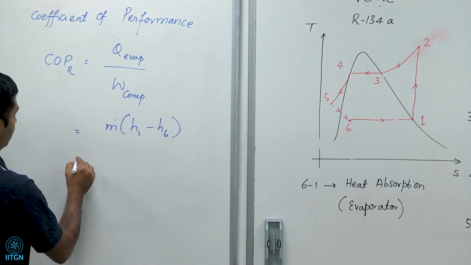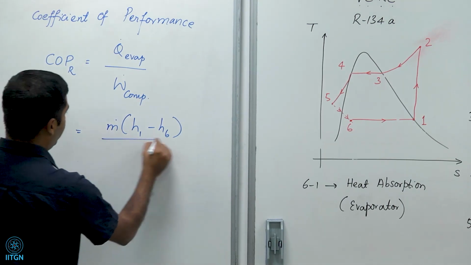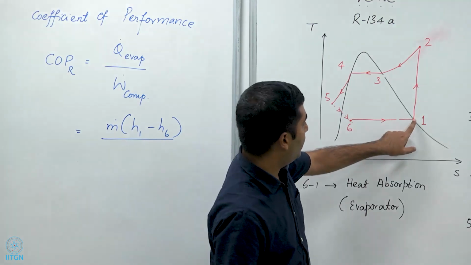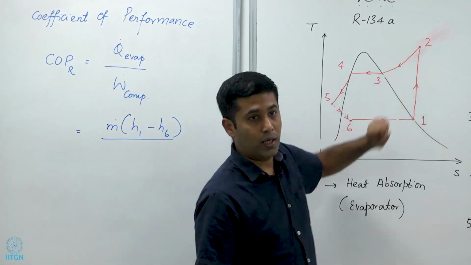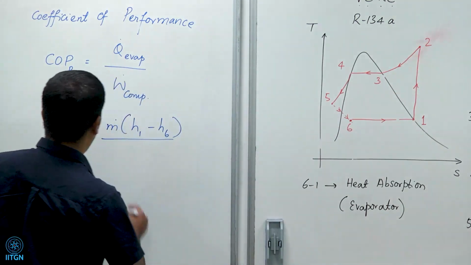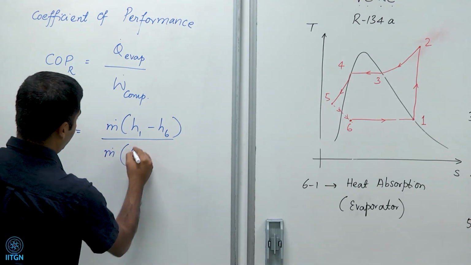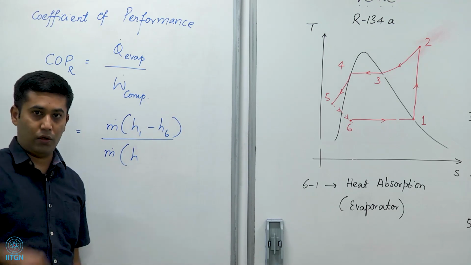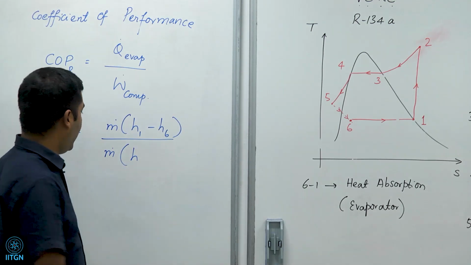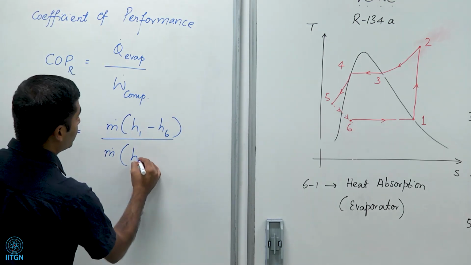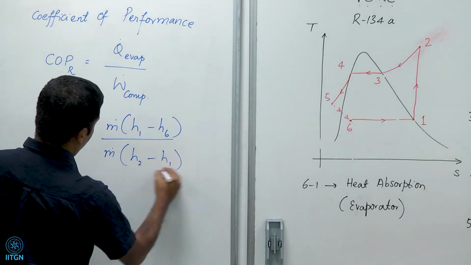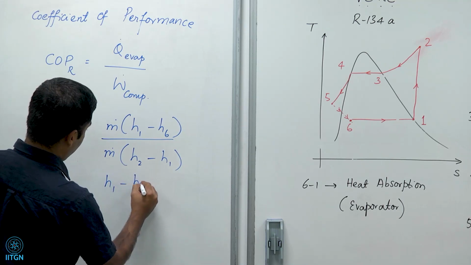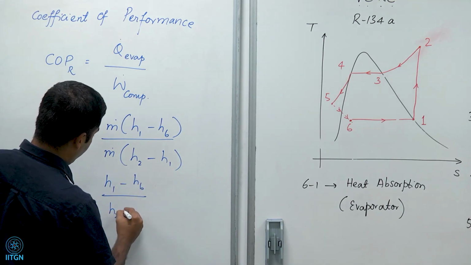divided by the work done by the compressor, which takes the vapor from 1 to 2, so that is H2 minus H1. Assuming it's a steady flow system in which the flow rate of the refrigerant is constant and does not change with time, I can write the same m dot times (H2 minus H1), and so I can cancel the m dot, and it's just (H1 minus H6) divided by (H2 minus H1).